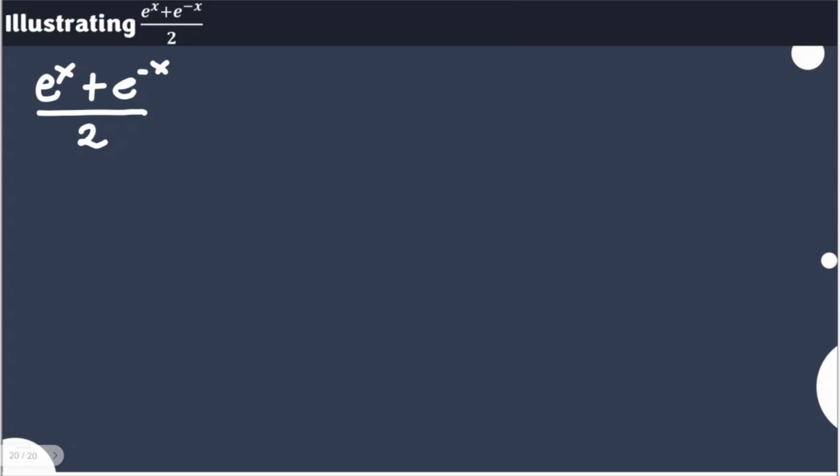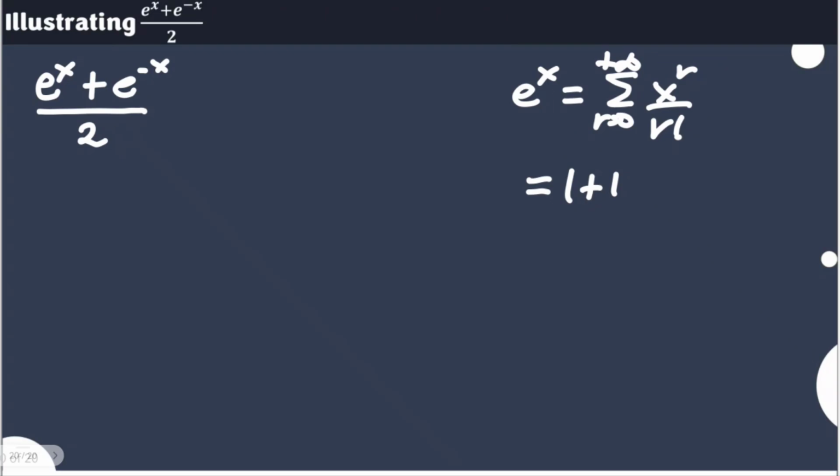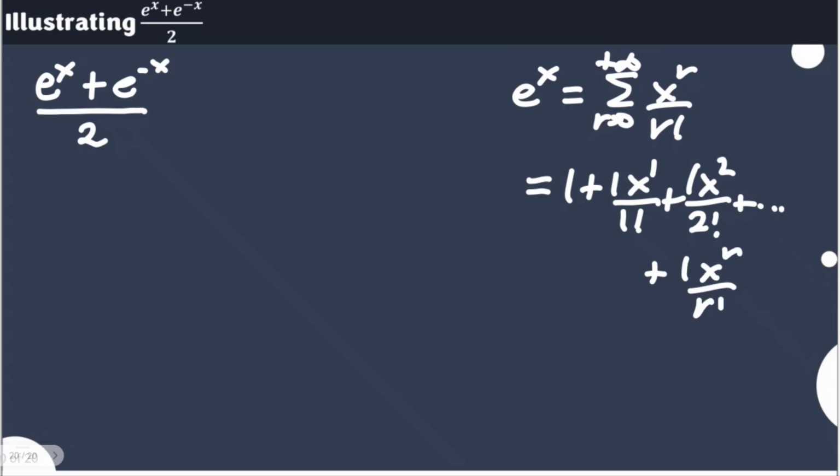Before we start with that, we know that e to the power of x is actually the power series of x to the power of r over r factorial, where r starts from 0 to positive infinity. We know that to be true. If we expand that, we will have 1 times 1, plus 1 times x to the power of 1 over 1 factorial, plus 1 times x squared over 2 factorial, plus so on and so forth until you reach 1 times x to the power of r over r factorial.